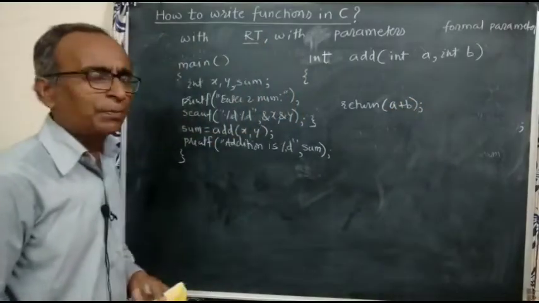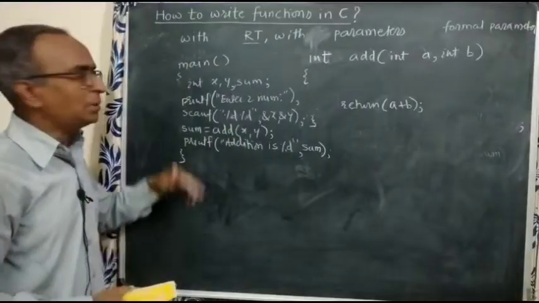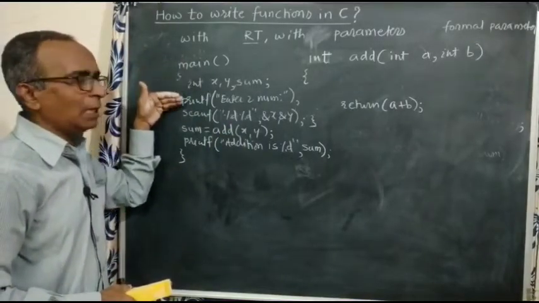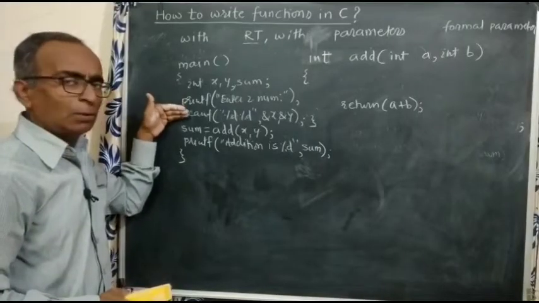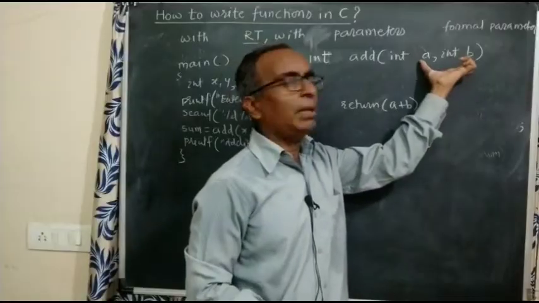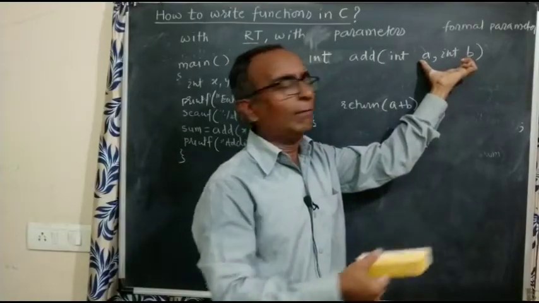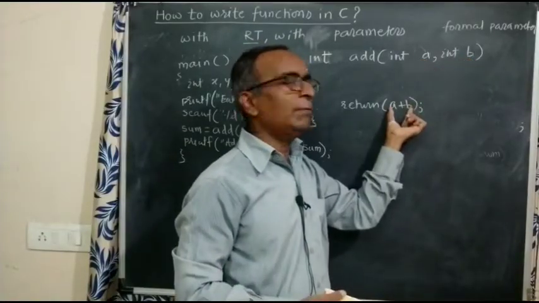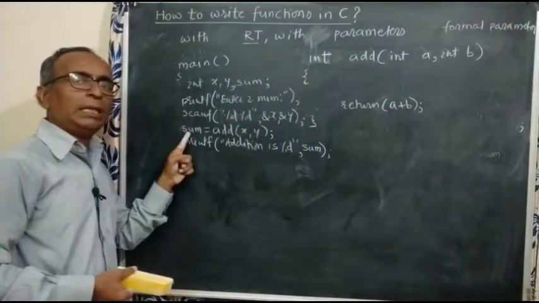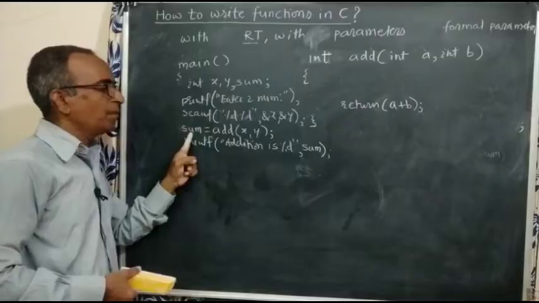That's it. How the execution takes place: execution starts from main, x, y, sum will be declared, you say enter two numbers, you read two numbers, and send them to a and b, that will be copied, that is call by value. Then a plus b will be done, that value will be returned, and the returned value will be taken into sum declared in main.